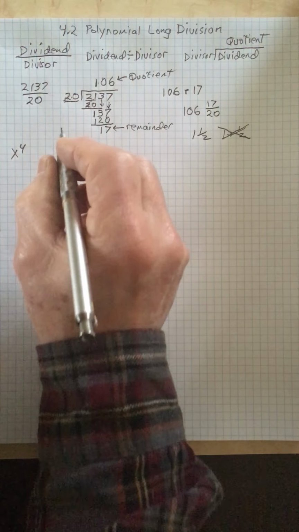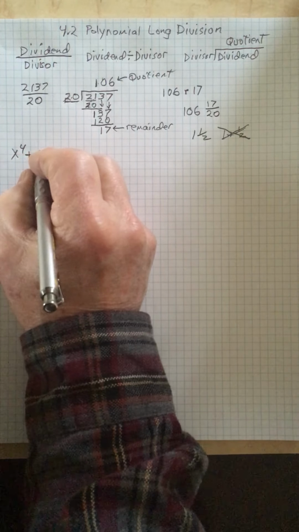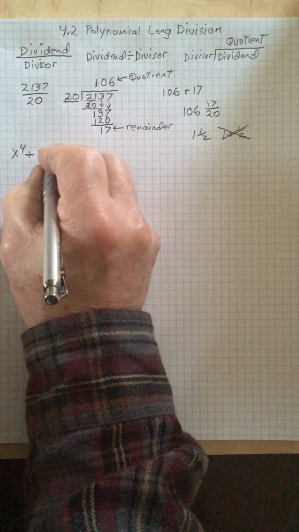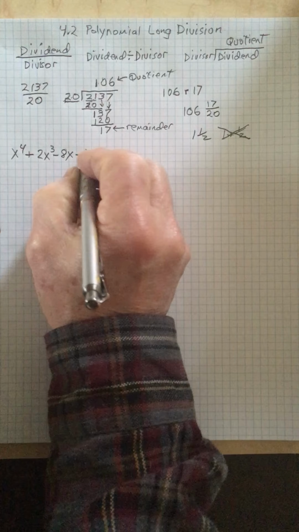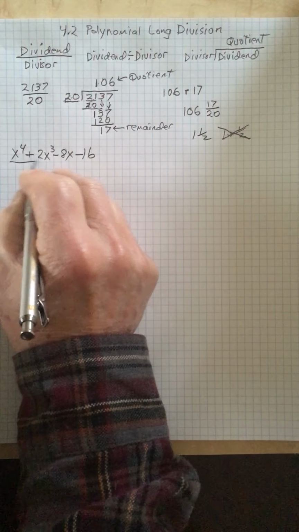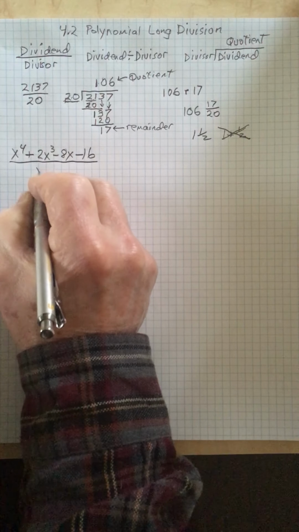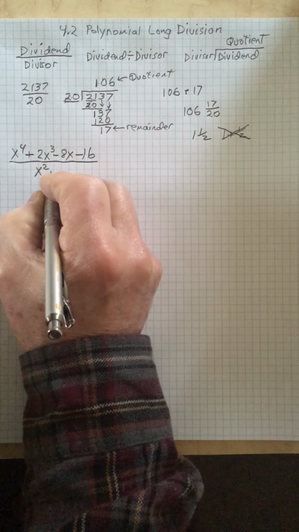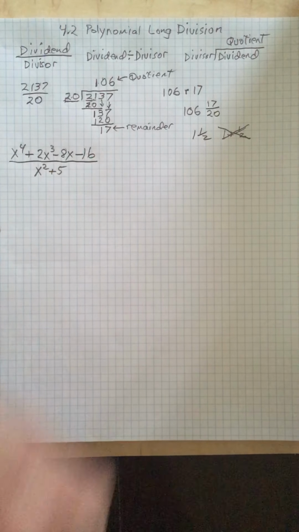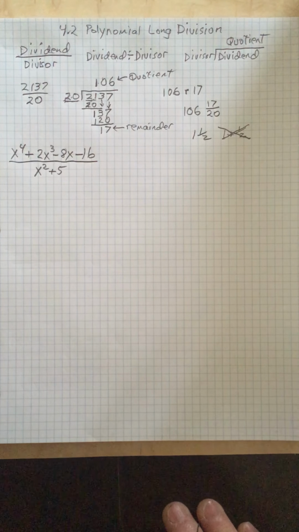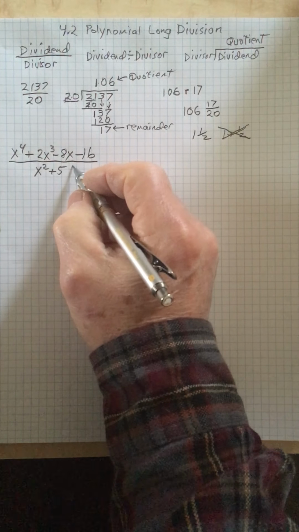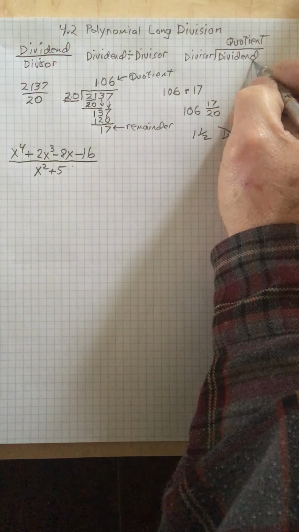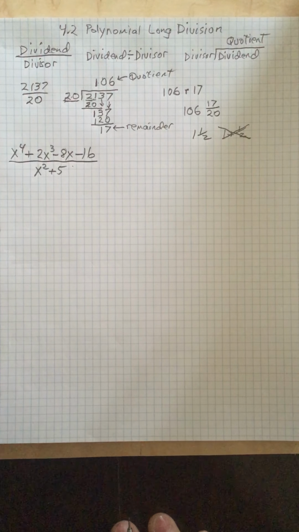Let's take this. And let's divide that by this number, this polynomial here. Okay, two things to note when we're going from this format to this format. Number one, the polynomials have to be in standard order.